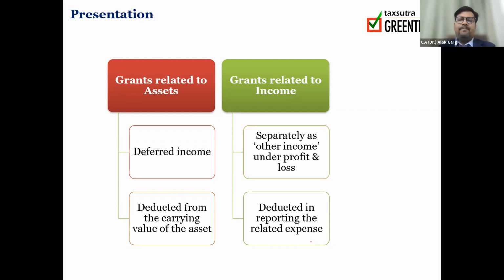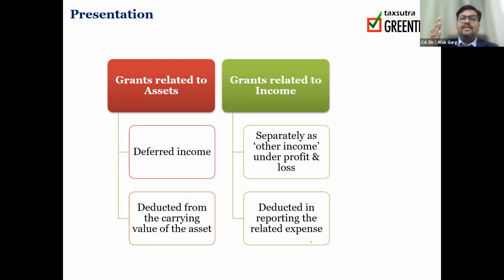Okay. For example, if the company is constructing a hospital, and the government is providing a grant for the construction of the hospital, it is considered as a grant related to assets. Second example, the government is paying 50% of the OPD expenses to that hospital, or the government is providing 50% or 100% of the surgical expenses.